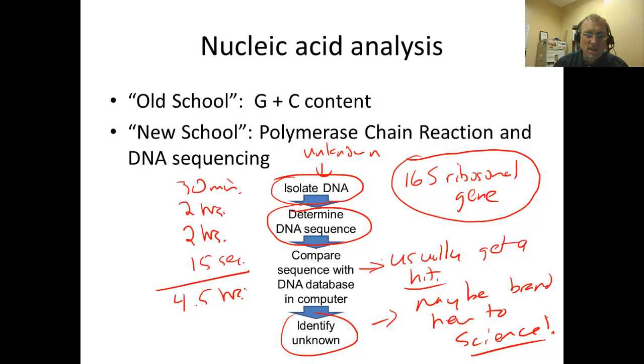Most identifications in clinical labs are not using this approach yet, but I anticipate that here in the next couple of years this is going to become much more frequent, simply because of the time savings that it involves, and it's also not a terribly expensive procedure to do this at all. And many clinical laboratories around the United States have all of this equipment in place to be able to move this along.